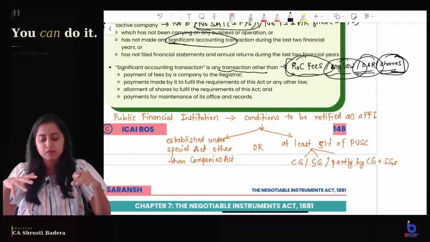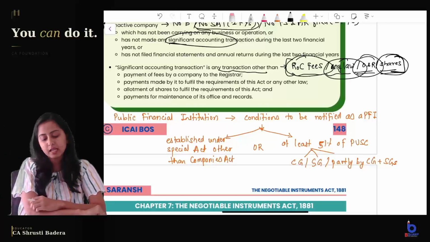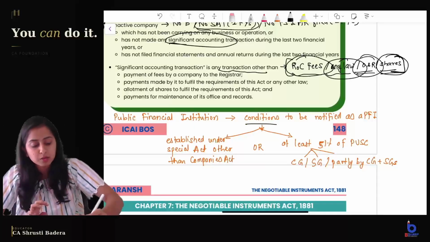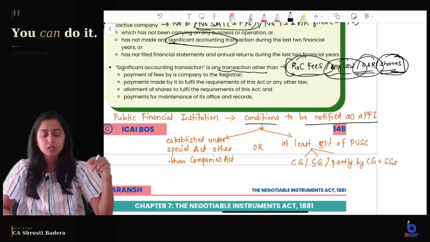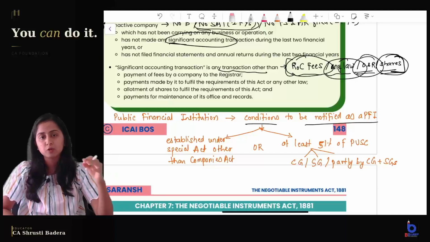Coming to the definition of public financial institution. See, I'm not going into the definition actually, but I think what can come as a question is the conditions to be notified as a public financial institution. So actually public financial institutions are those institutions which are notified by the government to be a PFI.